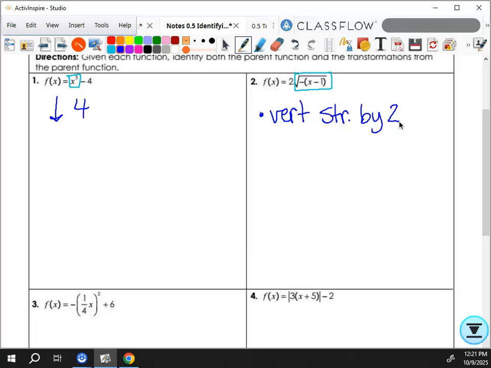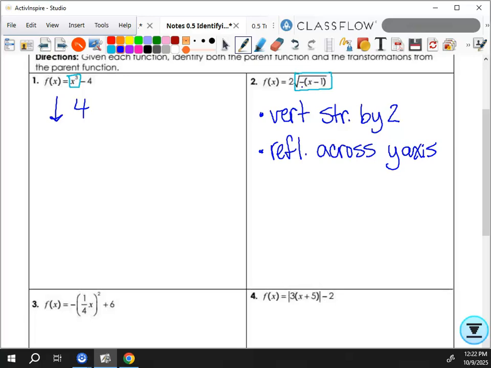All right, so then we come across this negative sign. If I'm multiplying by a negative, that means I have what kind of thing? A reflection. Does this negative affect x or y? It affects x because it's inside the box. If I change the sign on x, I reflect across what? Y. Everything inside the box affects x.